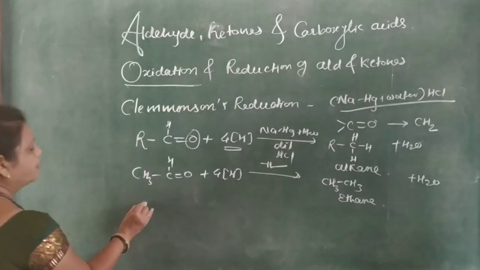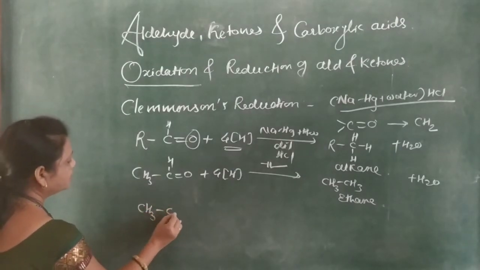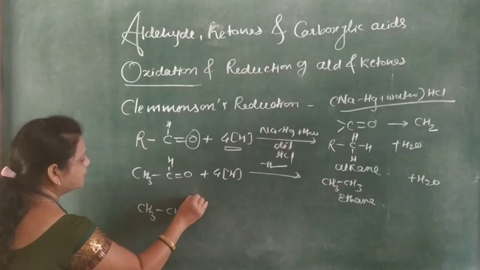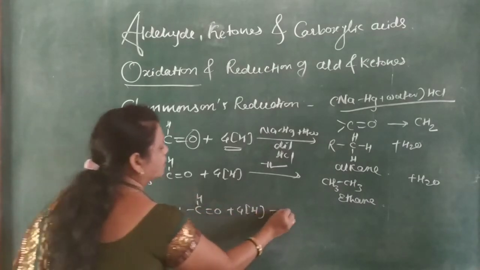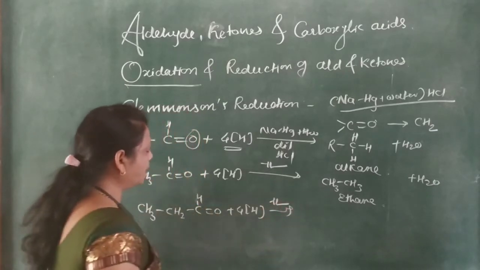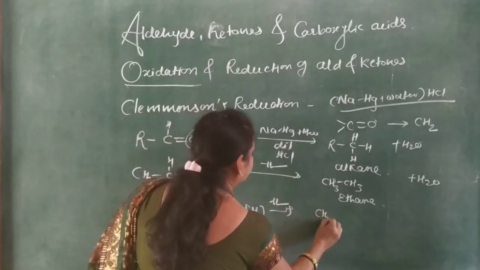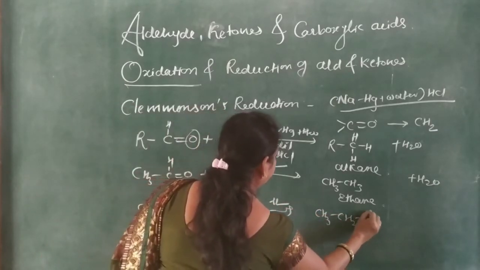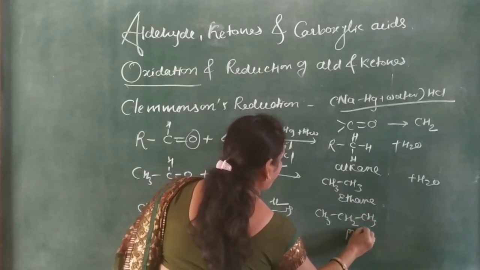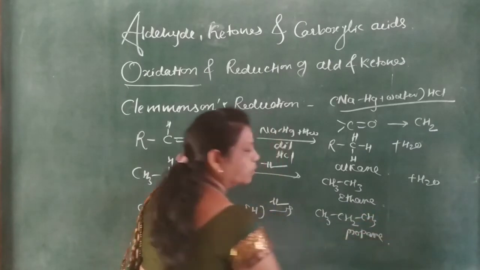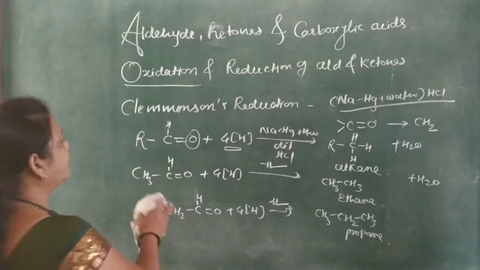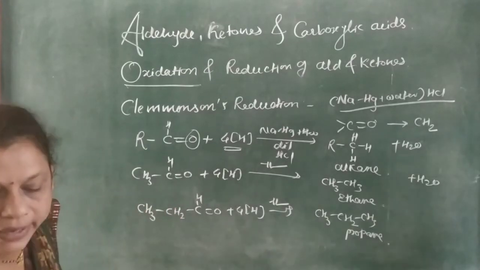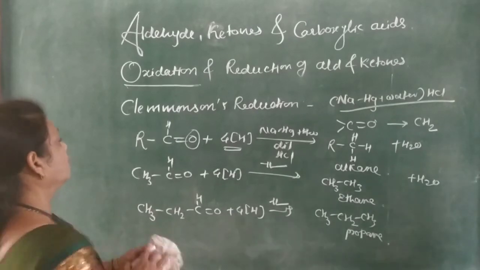Next one, if CH3CH2CH double bond O plus 4H, then in presence of sodium amalgam and water, it gives CH3CH2CH3, that is propane.